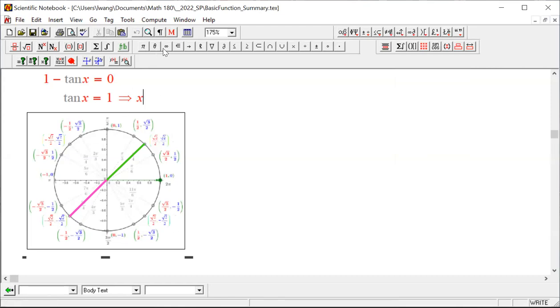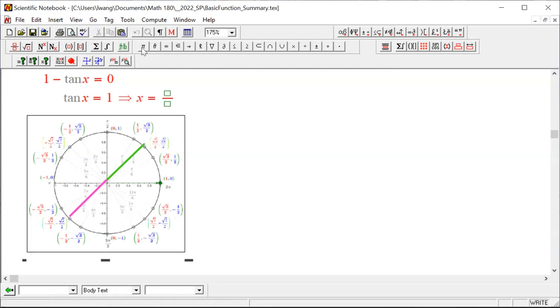We're looking for a solution to make this true. Forget about the domain yet. x can be pi over 4. We plus pi, we get 5 pi over 4, so plus k pi.